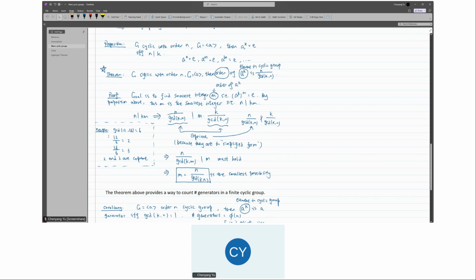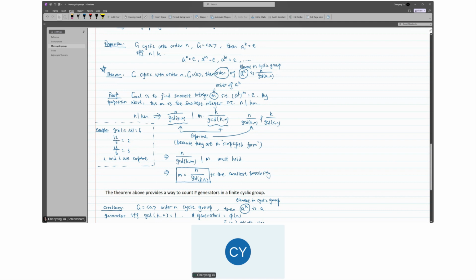I think it's easier to work through a concrete example. Consider 12 and 18. The GCD of them is 6. So 2 times 6 equals 12, and 3 times 6 equals 18.